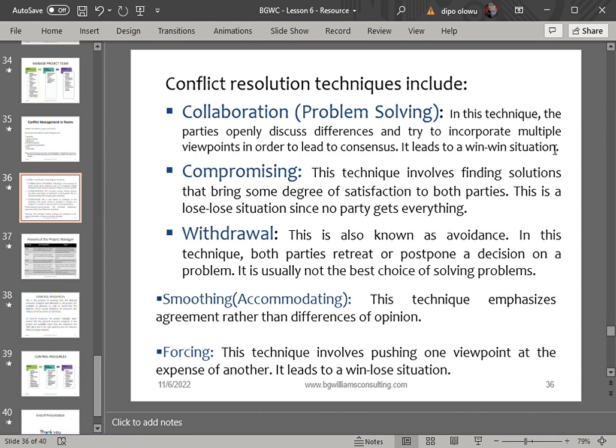What do we mean? In a collaborative conflict resolution technique, it is not the project manager that resolves the conflict. Rather, the project manager acts as a facilitator by bringing the people involved in the conflict together. For example, Wale and Kunle are having conflict in the work they are performing, and the project manager gets to know.